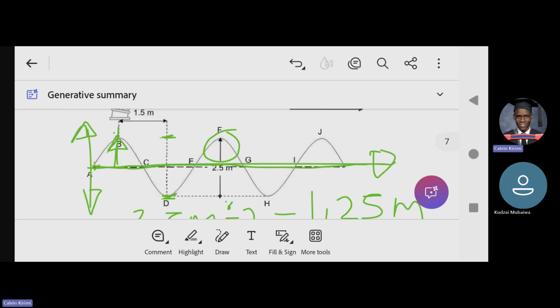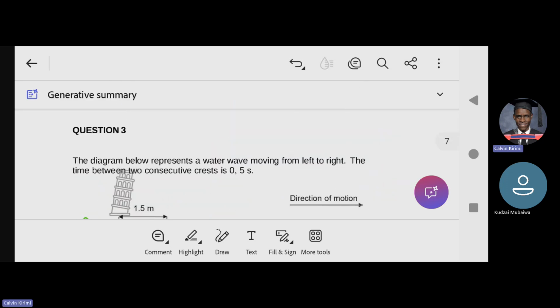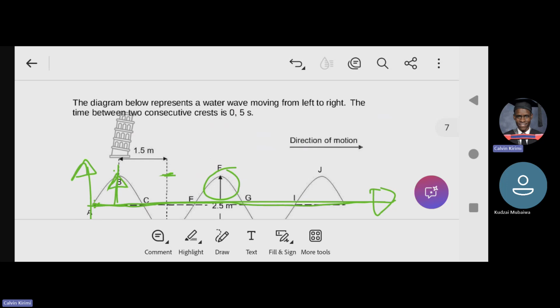Like for example, here we were told two consecutive crests take 0.5 seconds. So here we are saying the wavelength is the distance between two successive crests. Which ones here are the successive crests? Successive points in phase.